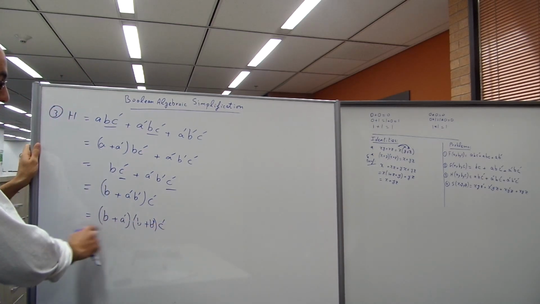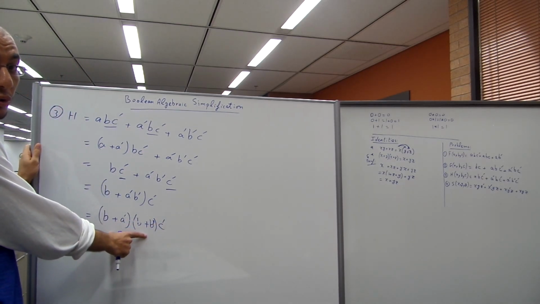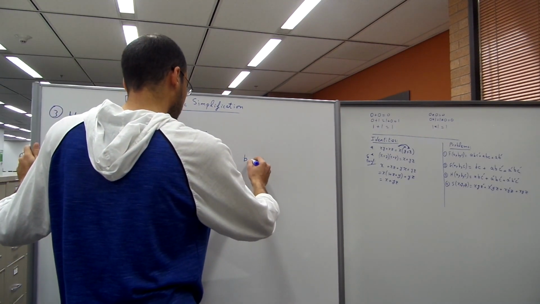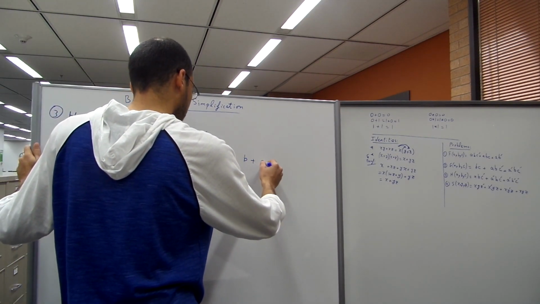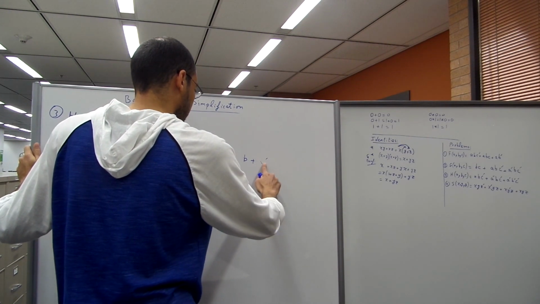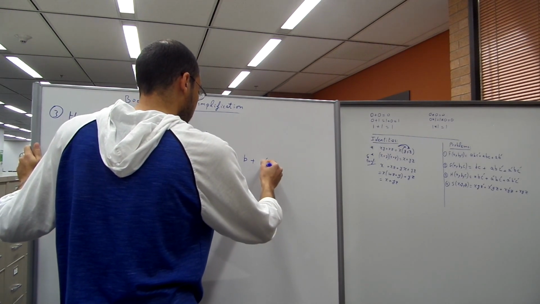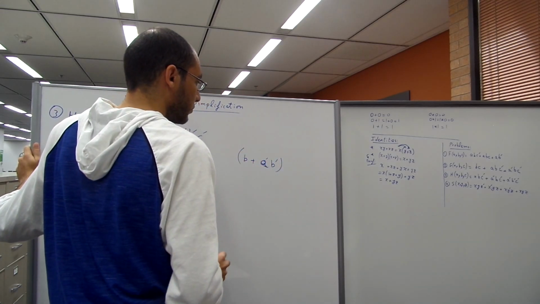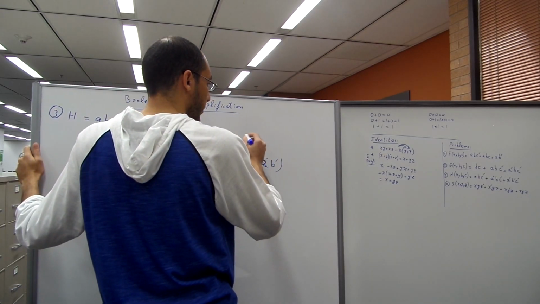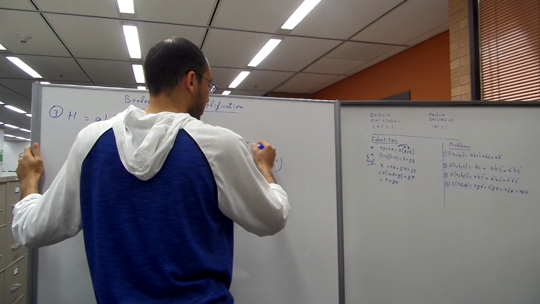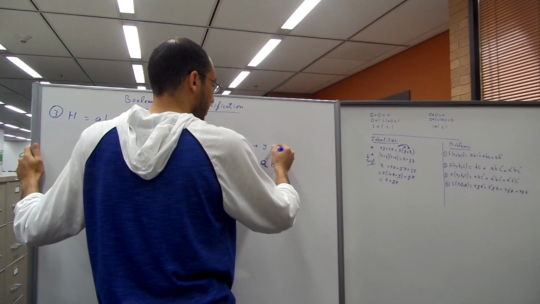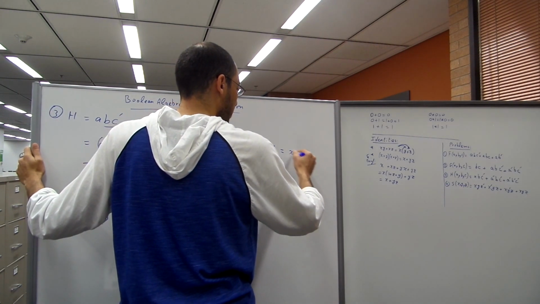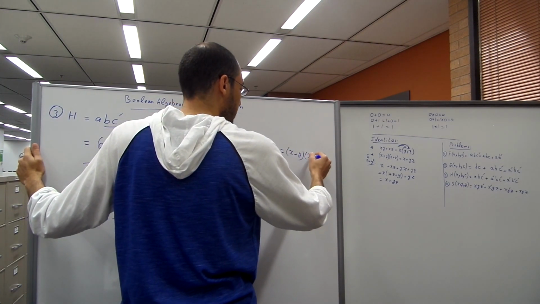Why was I able to do this step? If you look at B plus A bar, B bar, here I'm going to write x plus y z, which is equal to x plus y, x plus z.